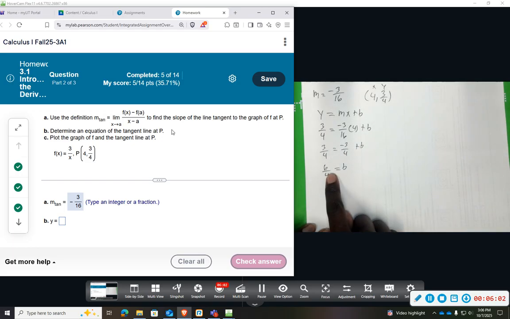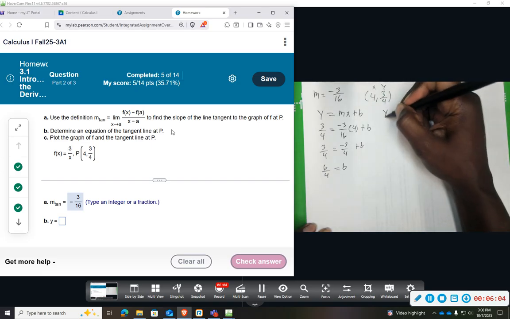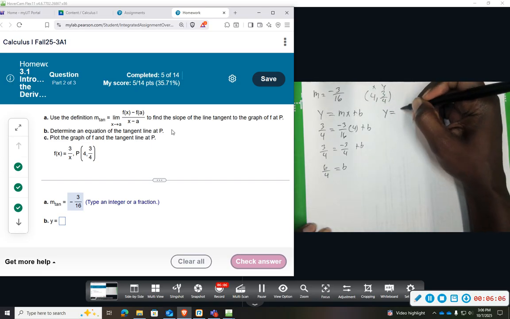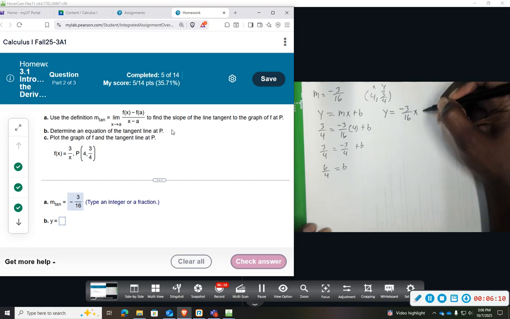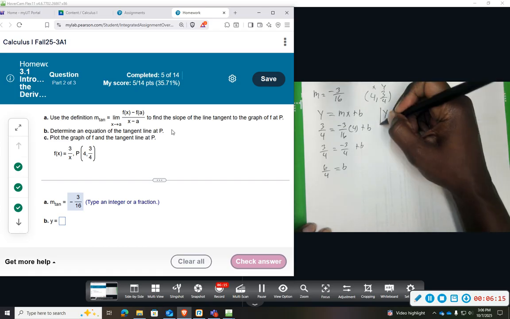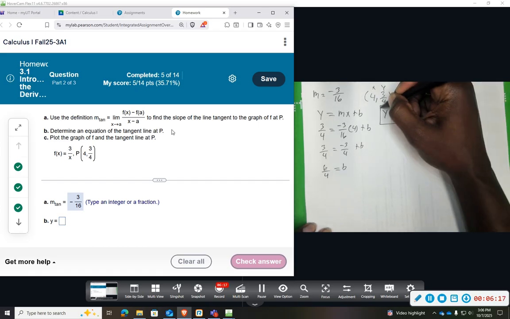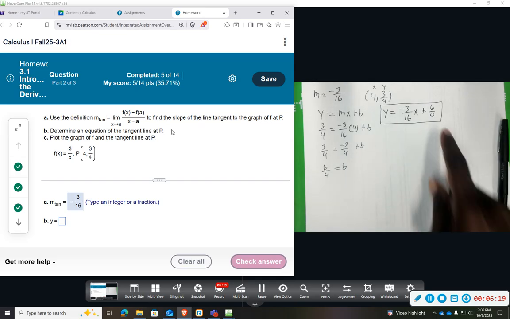So now that I know b, I can come back and say, okay, my full equation is y equals the slope negative 3/16 x, and then it'll be plus 6/4. So this will be the equation of our tangent line at the point P.